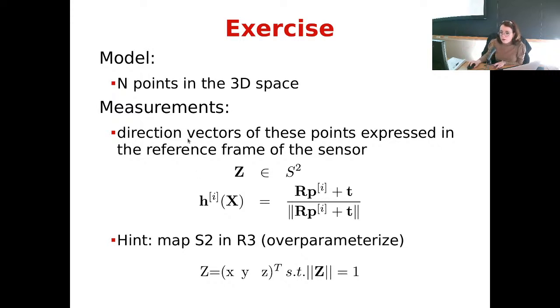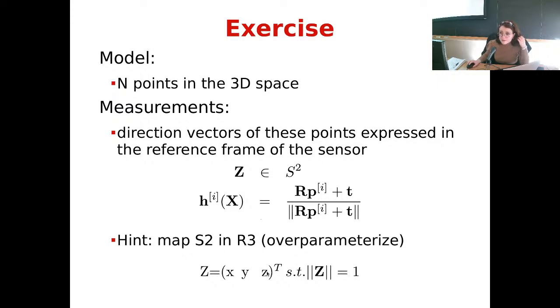This is why we talk about direction vectors, and this is why, in order to represent elements of S2 as elements of R3, we impose that the norm be equal to 1, so that we remove the degree of freedom coming from the scaling that we can apply to this vector, still obtaining the same azimuth and elevation.